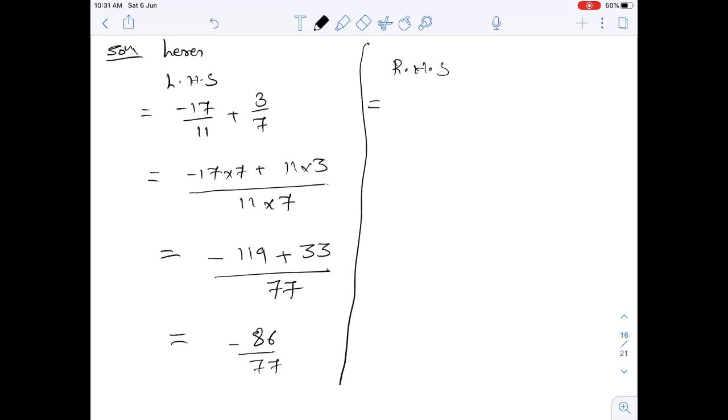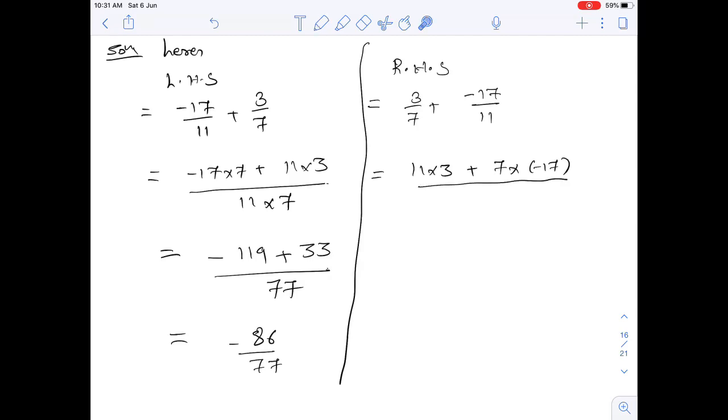RHS equals 3 upon 7 plus minus 17 upon 11. That equals, now first step we will multiply this 11 over here, so you will get 11 into 3, plus then we will multiply this 7 with this minus 17, so you will get 7 into minus 17, divided by, now we multiply this 7 with this 11.